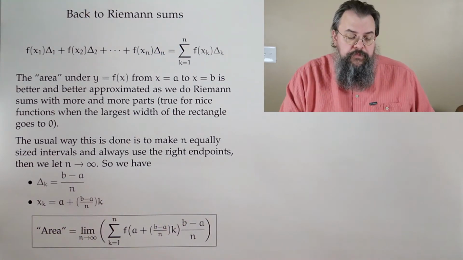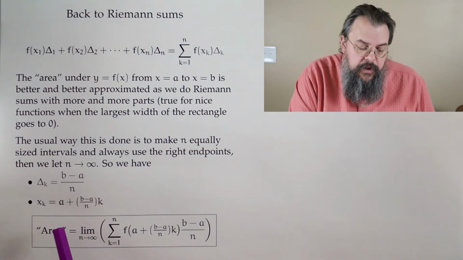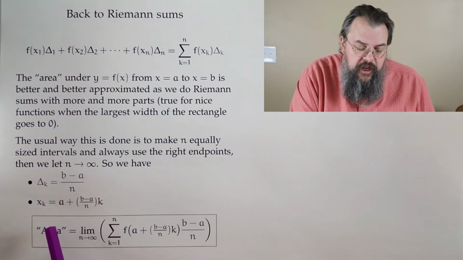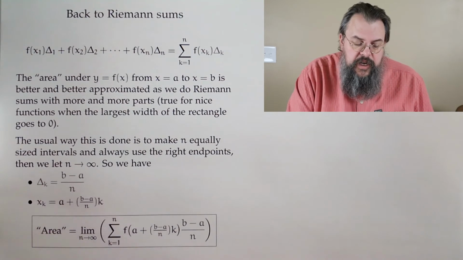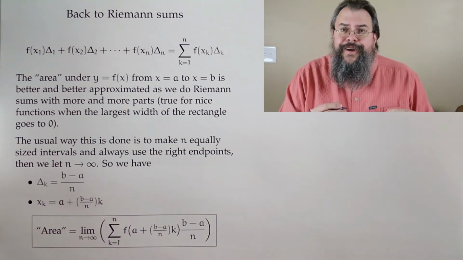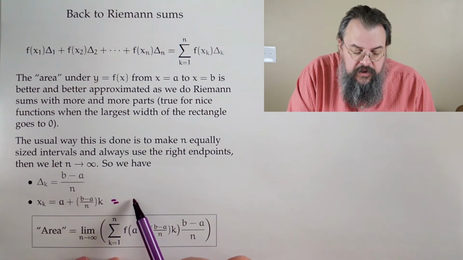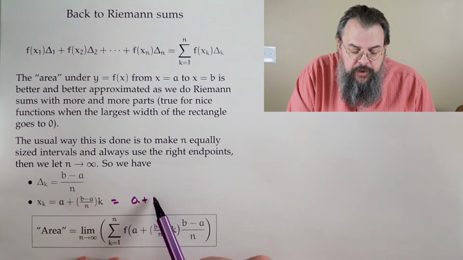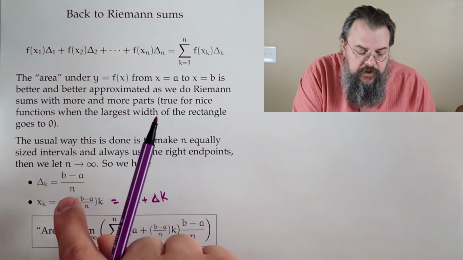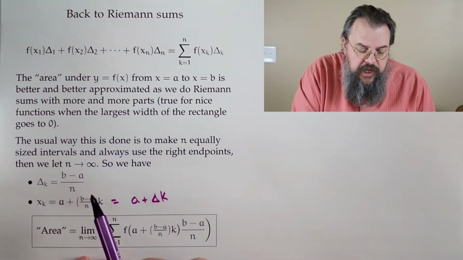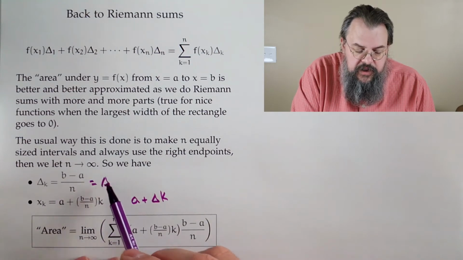We have to pick, right? Then what we have is our x sub k, this expression. Now, you might be saying, where is that coming from? The way you can read this is: it's a plus delta k, and notice all the delta k's are the same, so it's just delta.